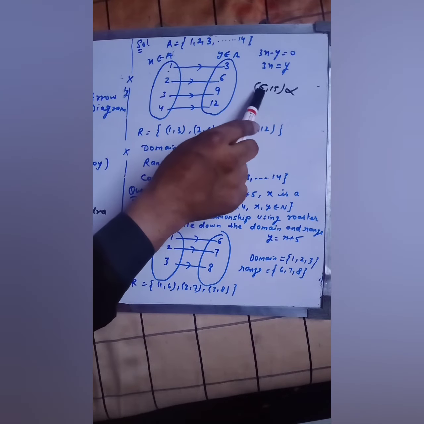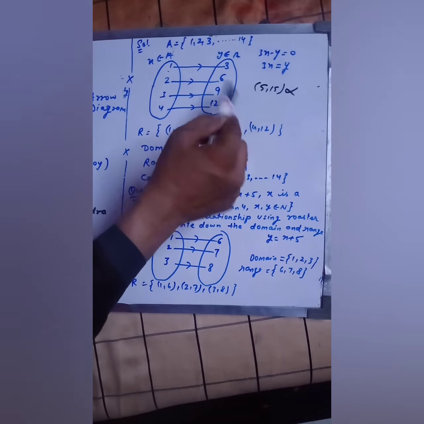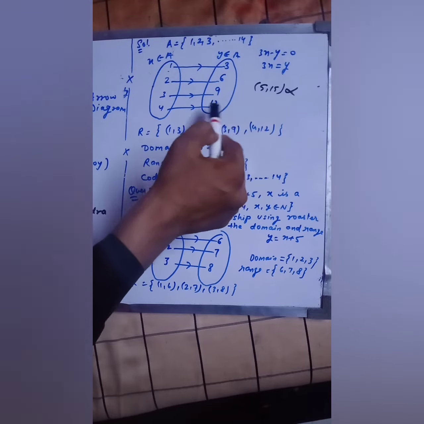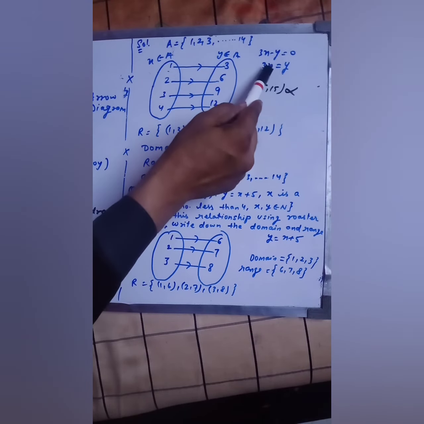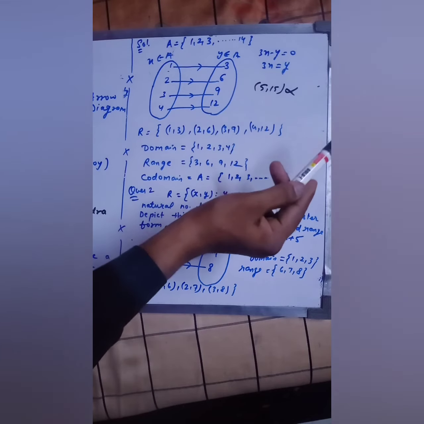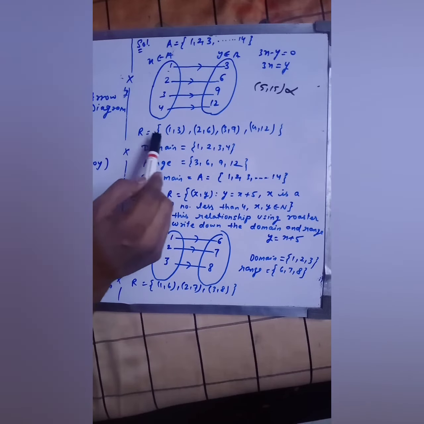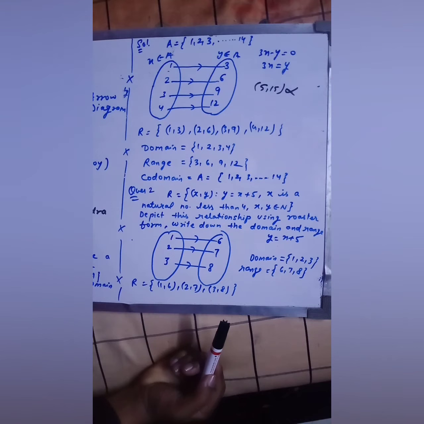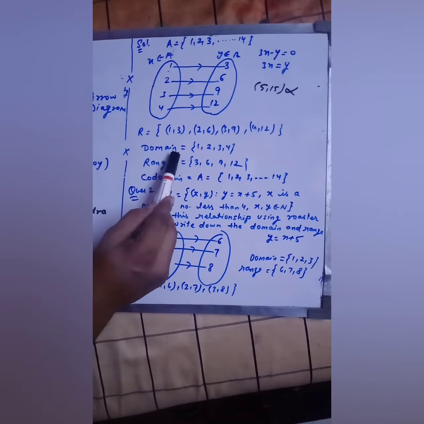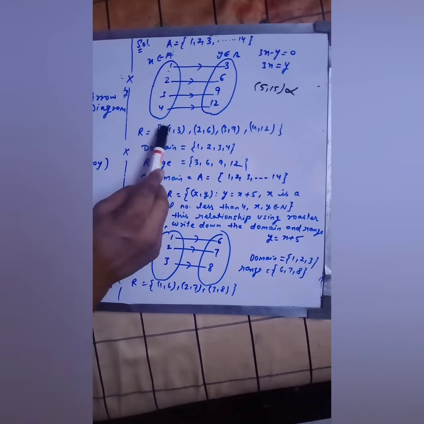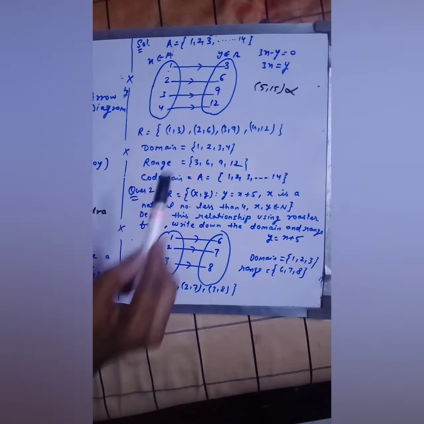If you take x equals 6, your y will be 18, which is also not possible. So if you take the value of x more than 4, the value of y will be more than 14, which you cannot take. So this is the relation which you have to find out. And the domain will be the first elements you have to check: 1, 2, 3, 4. This is called the domain.